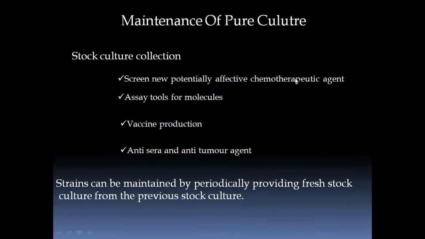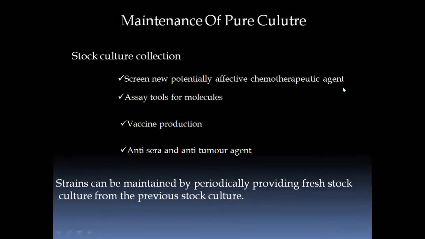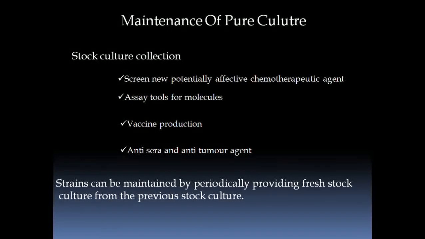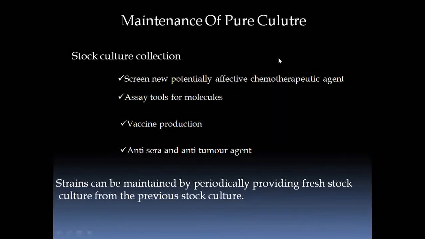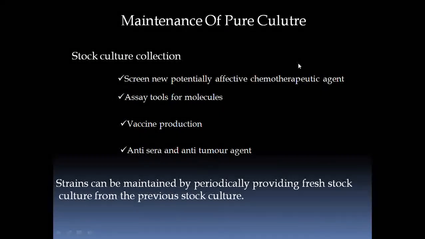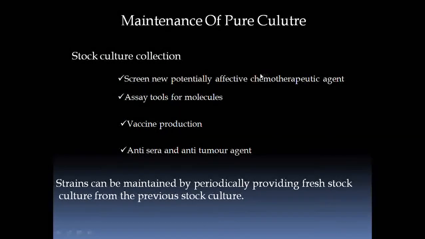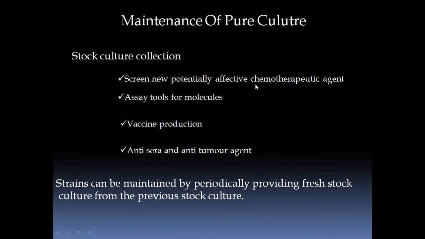A stock culture is utilized to check a chemotherapeutic agent, because if we check it on multiple colonies at a time within the same plate, it will not give us an actual result, because some of them may have resistance and others may have sensitivity. So this is not going to give us an actual calculation of our agent.